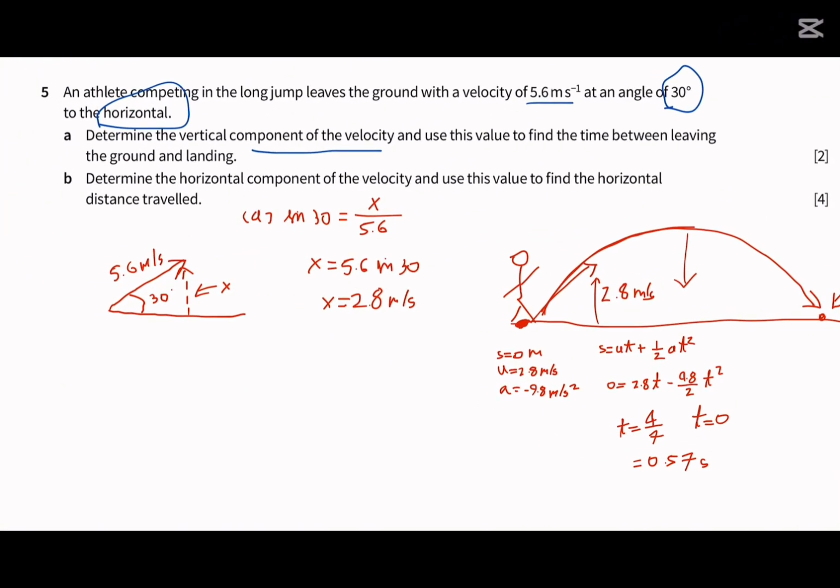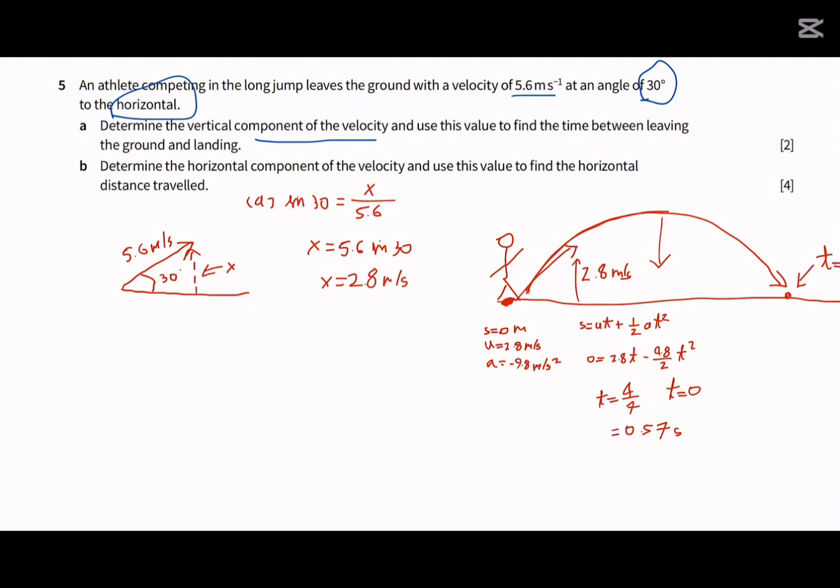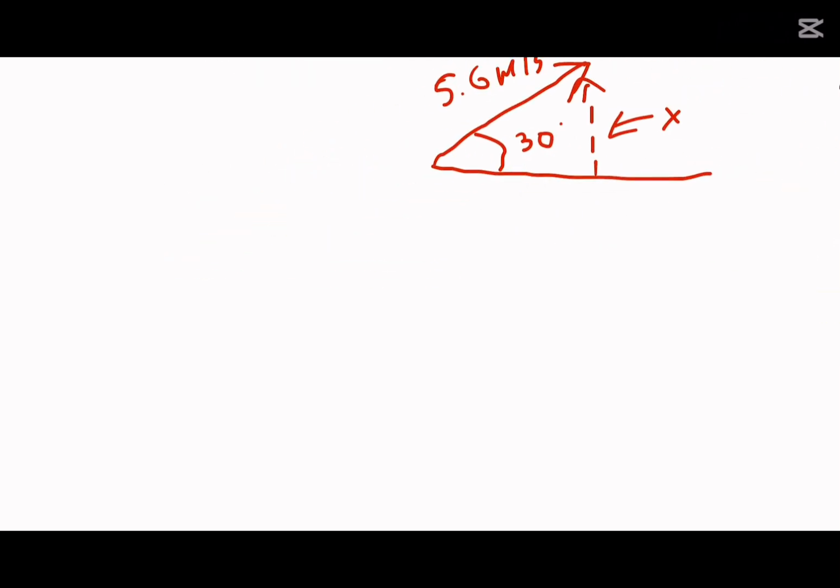Okay, so let's move on to part D. Determine the horizontal component of velocity and use this value to find the horizontal distance traveled. So let's do that. For the horizontal component, we just use normal trigonometry. We're finding this length, let's call it y. This time we use cosine 30 equals the adjacent length over the hypotenuse, 5.6.